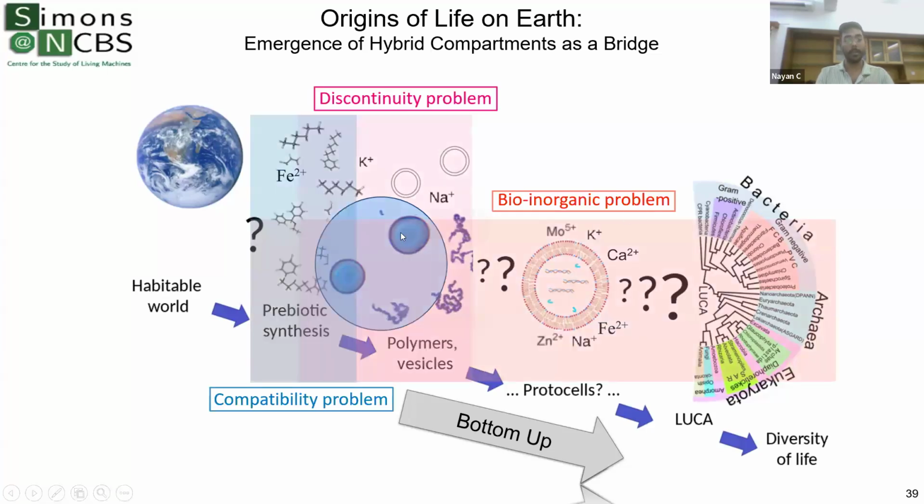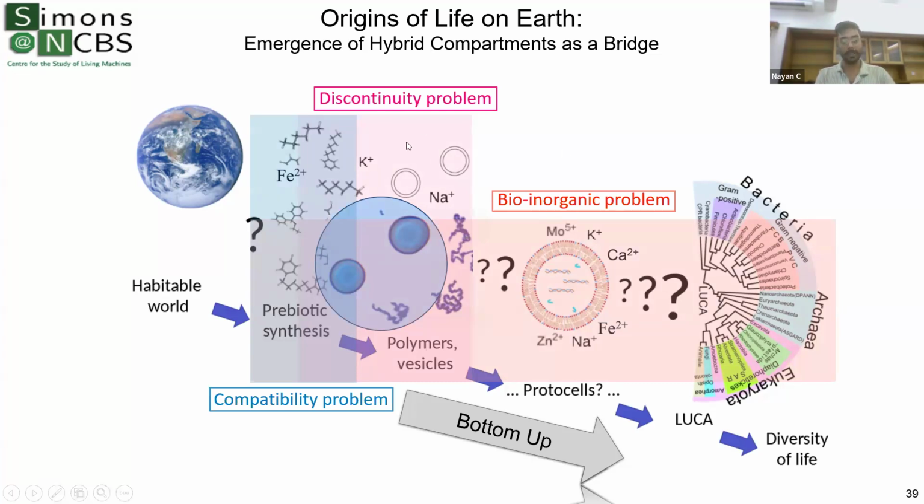But not only that, we also propose it as a bridge towards three different problems, which is the compatibility problem. Because in our chemical mixture, we do have indication of synthesis of different, so to speak, incompatible classes of biomolecular species, like amphiphile-like or amino acid-like or sugar-like, in one system.